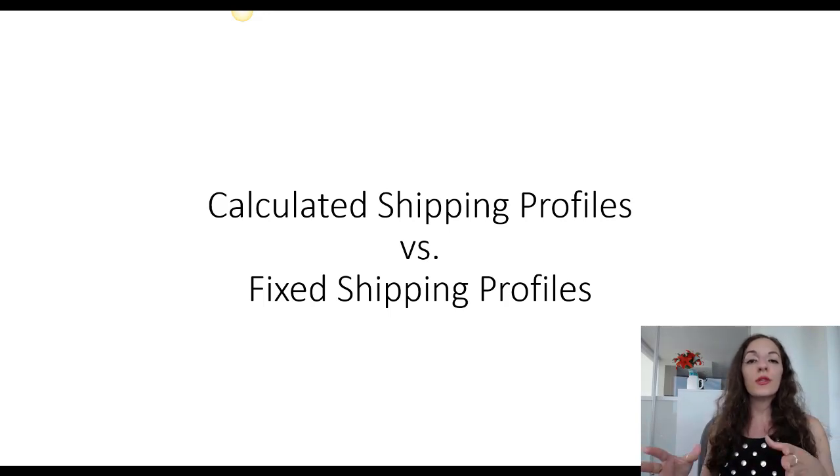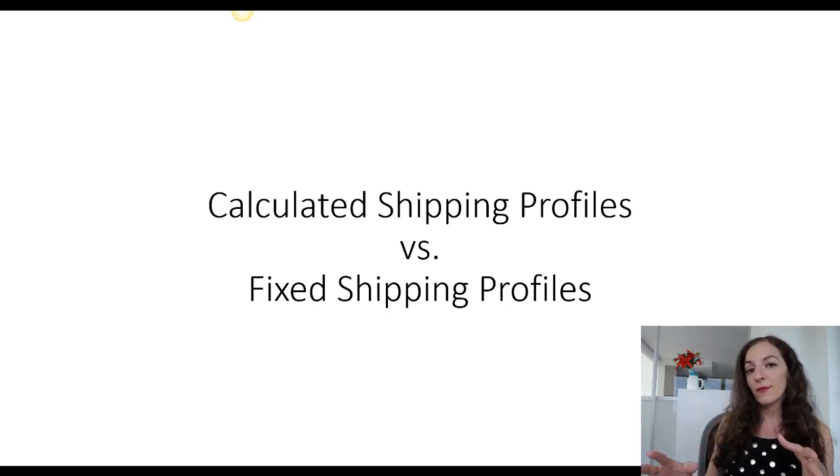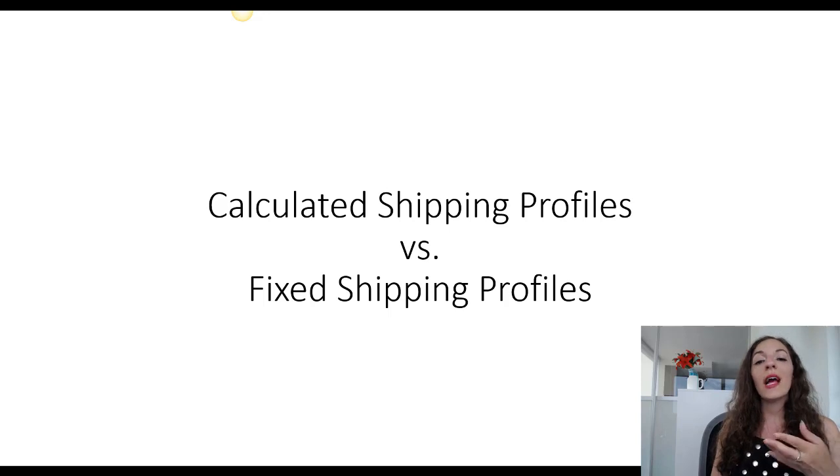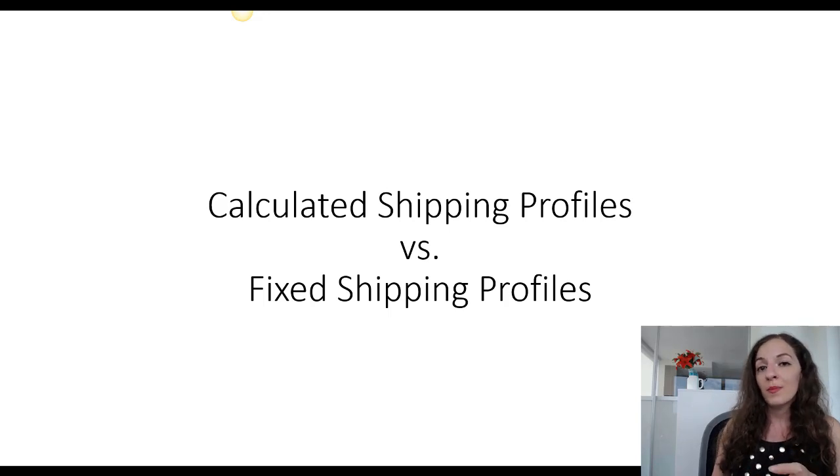So there's two separate methods for shipping, two different ways that you can go. You can either get Etsy to calculate the shipping for you on an item, or you set the shipping fees and costs. So with the calculated shipping profiles, you will be providing the weight and the dimensions of your item.